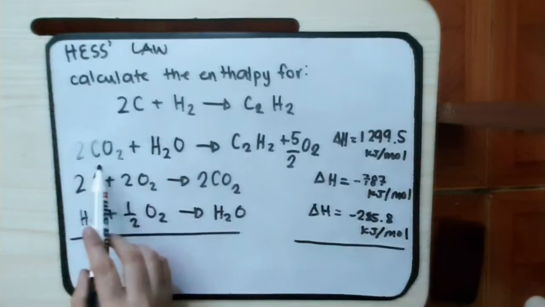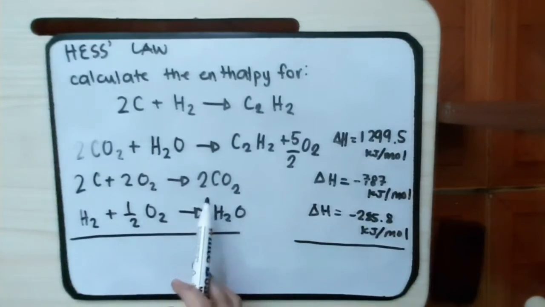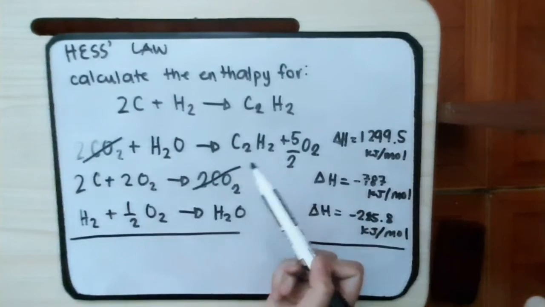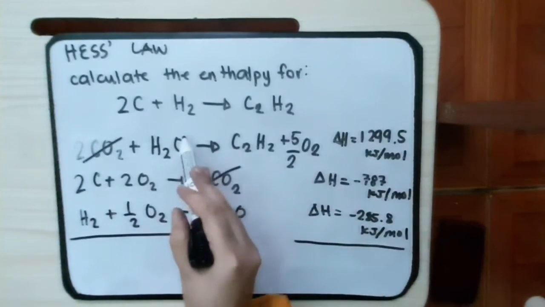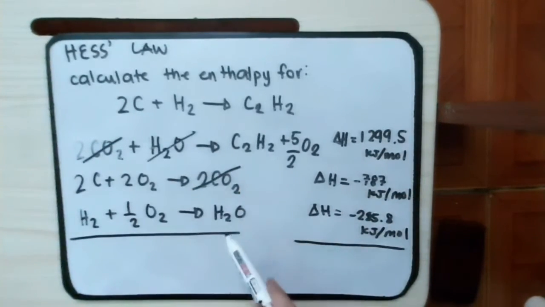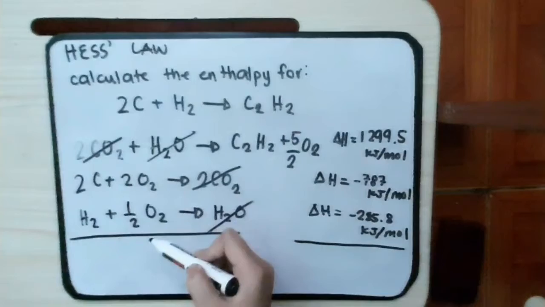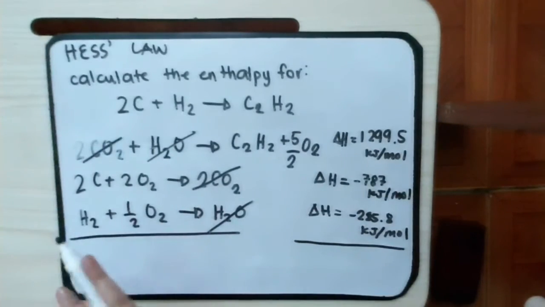Since we have two CO2s on this side and two CO2s on the other side, we could simply cancel those. We also have H2O here and an H2O on this side, so we could cancel that out too. Then we have 5/2 O2 here, and two O2s plus 1/2 O2 on the left side.